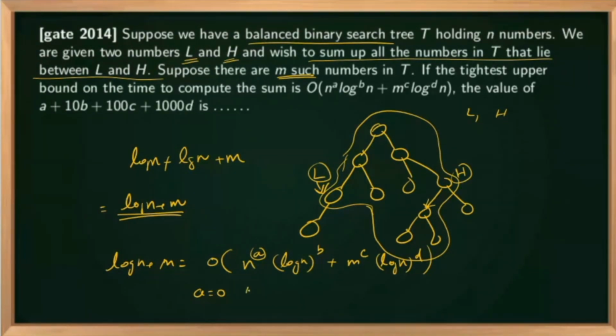So b should be 1. M raised to c, c should be 1. And d should be equal to 0, right? Log n all raised to d, log n all raised to 0. We should get rid of this log n term. So we got a equal to 0, b equal to 1, c equal to 1, and d equal to 0. So if I substitute these values, a is 0, b is 1, that means 10. c is 1, that is 100. d is 0. So I get 110. Okay, so the answer is 110.